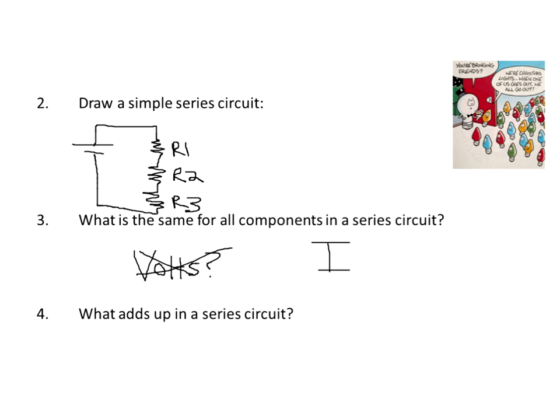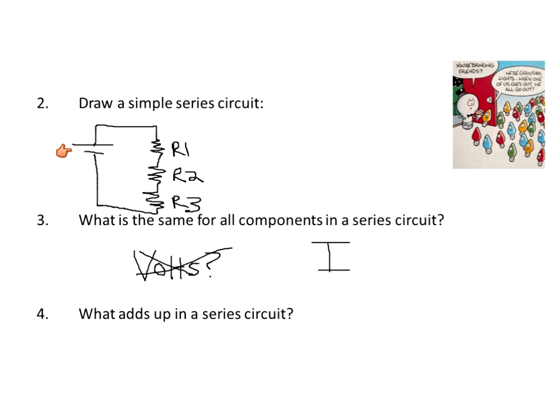Now, what adds up in a series circuit? Well, many of you will say, well, the resistance adds up. Well, it does, but that's not what the question is getting here. First, what adds up in a series circuit? Well, right here is the total voltage, volt source, and the voltage on each one of these components has to add up to the volt source.